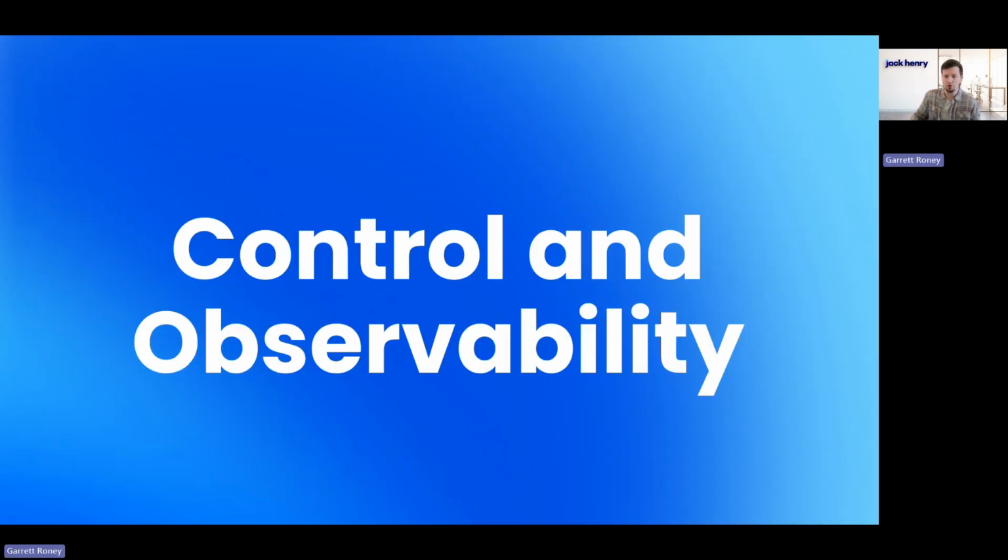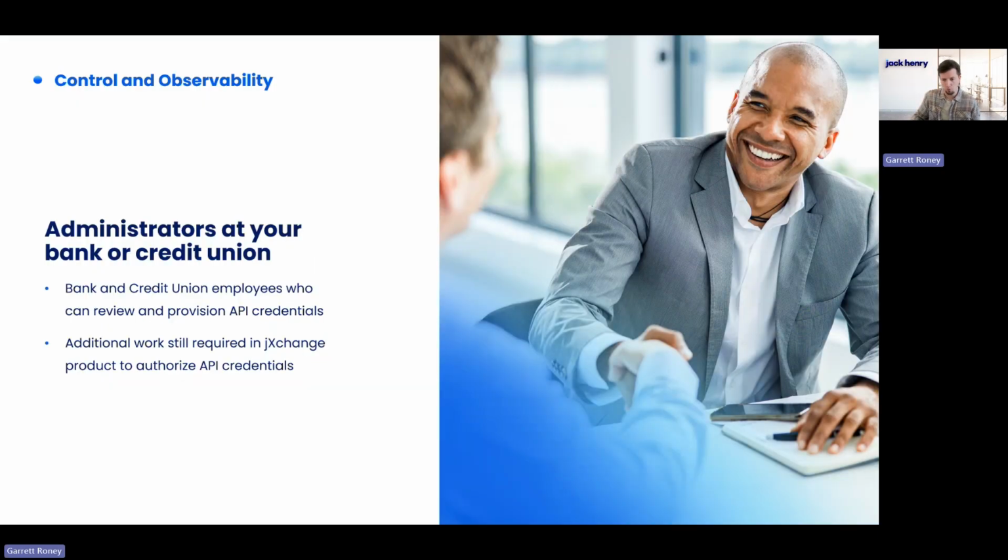All right, moving on to control and observability. One great benefit for our customers is the enhanced control and observability that this change makes available to you. So your credit union and bank employees will be given access. You can select who you want from your institution to have access to this back office, and you'll be able to review who has credentials today.